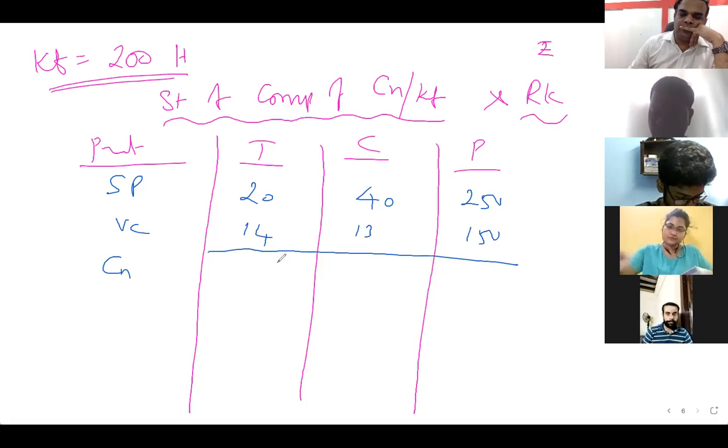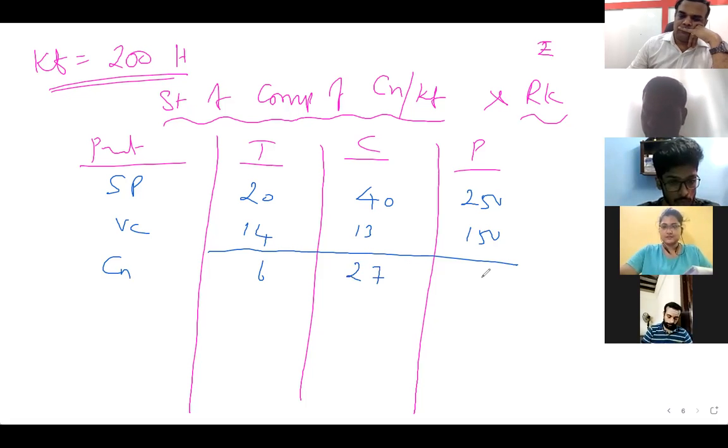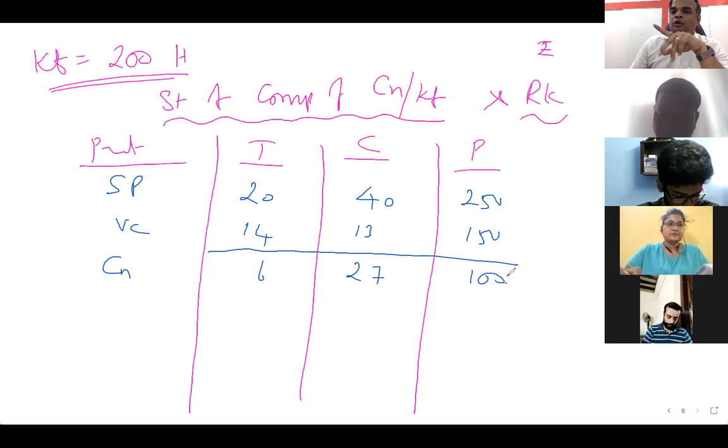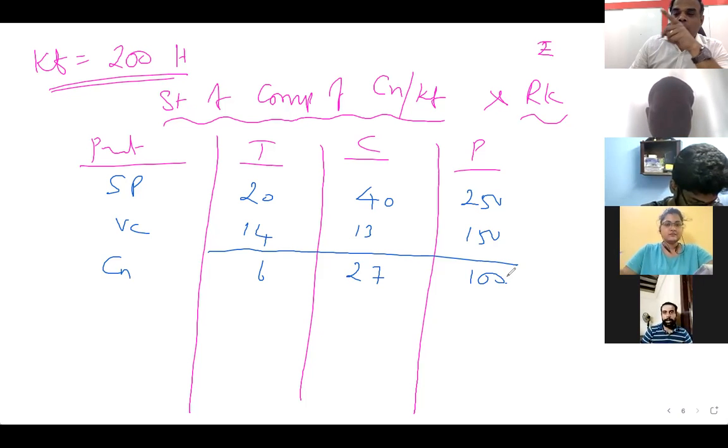Therefore, contribution comes to 6, 27, and 100. But we don't want just contribution, we need contribution per key factor.